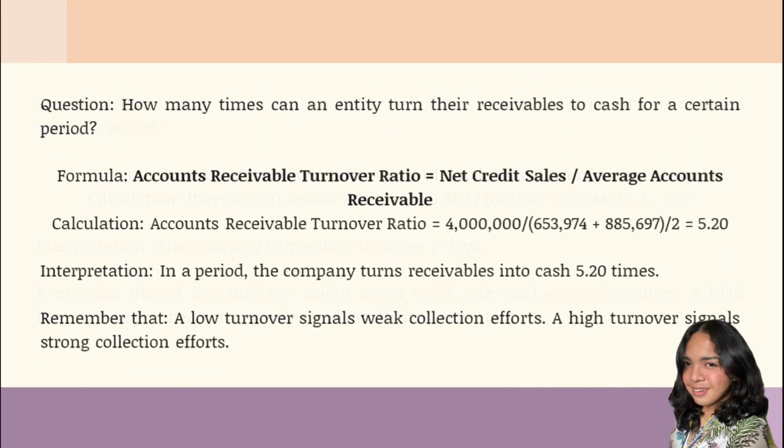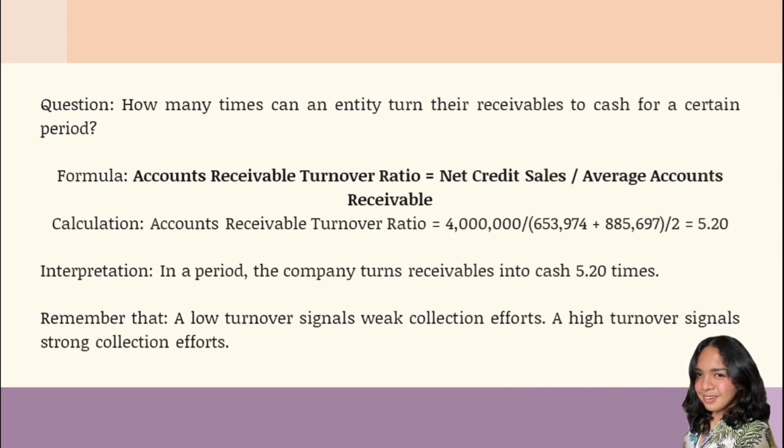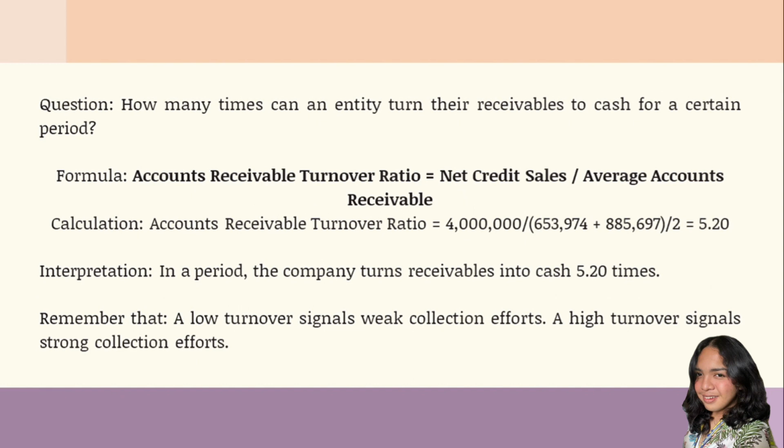So next, how many times can an entity turn the receivables to cash for a certain period? So the formula is accounts receivable turnover ratio equals net credit sales divided by average accounts receivable.